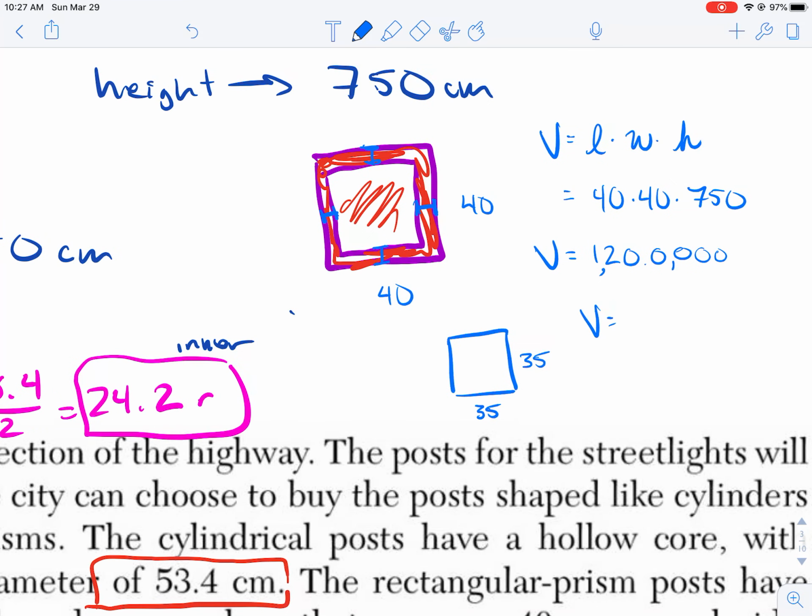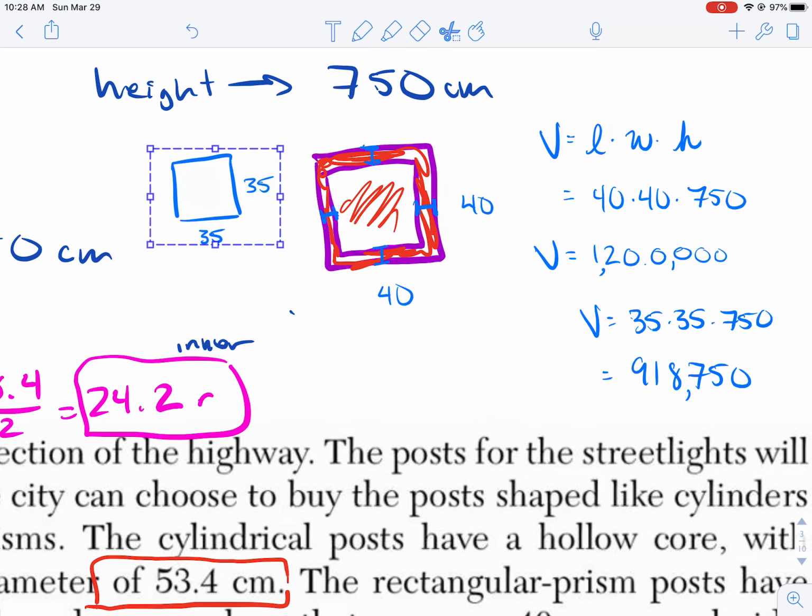Okay? So right now we're finding the volume of the inner rectangular prism. So it's going to be 35 times 35 times 750. And you get that number right there. Okay?